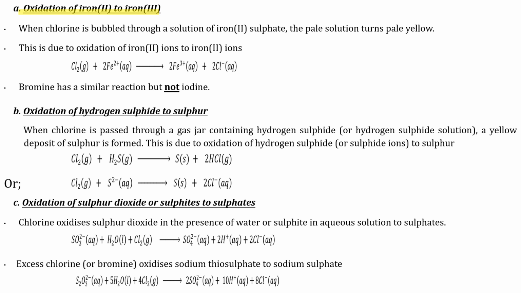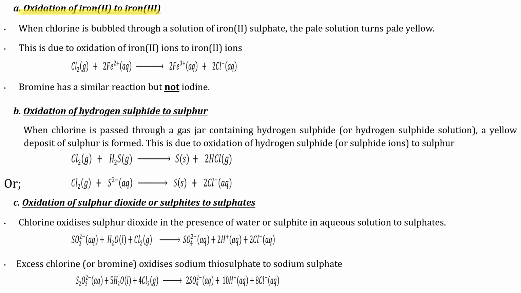It could have been fluorine, but fluorine does not engage in most of the reactions in the laboratory. So let's look at some of the factors influencing that. For anything having a low oxidation state, which has more than one oxidation state, chlorine is going to oxidize it to its higher oxidation state.